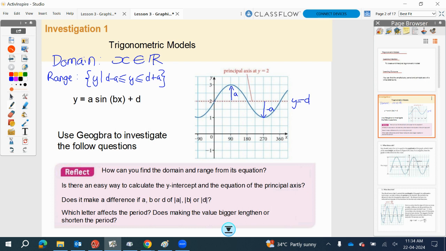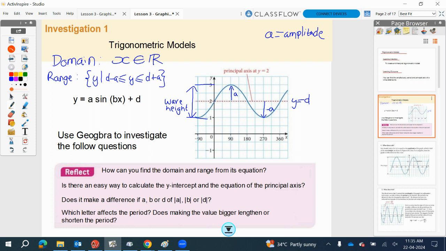The amplitude is half of the wave height. So this distance here is the wave height. The wave height is equal to 2a. The amplitude is equal to a.